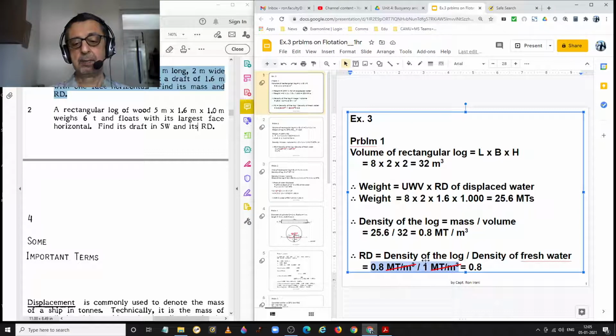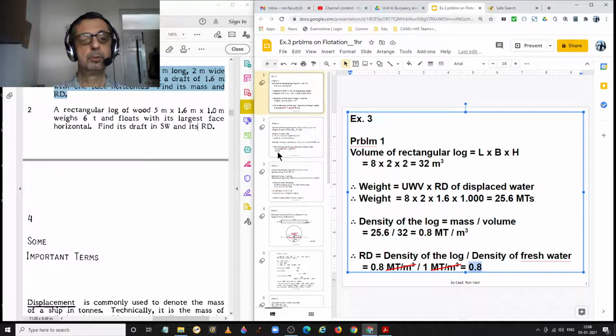The metric tons per cubic meter in the numerator and denominator cancel out, and we have relative density of the log equal to 0.8. And relative density, being a ratio, has no units.